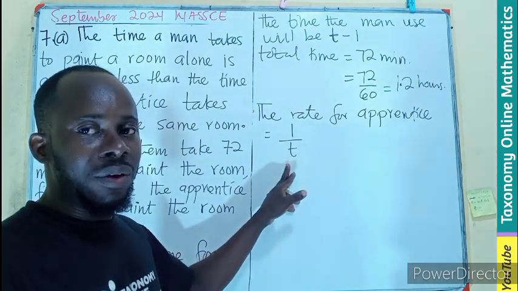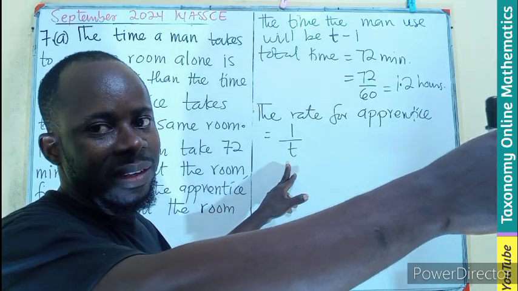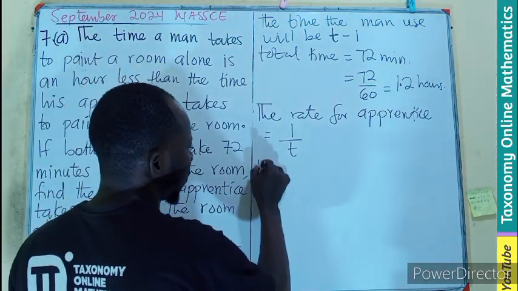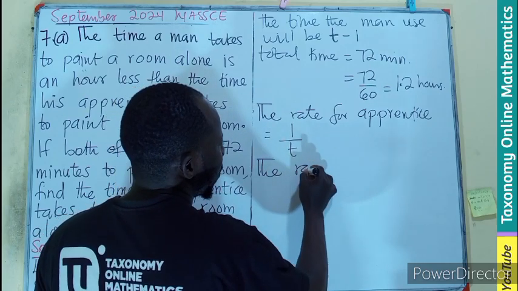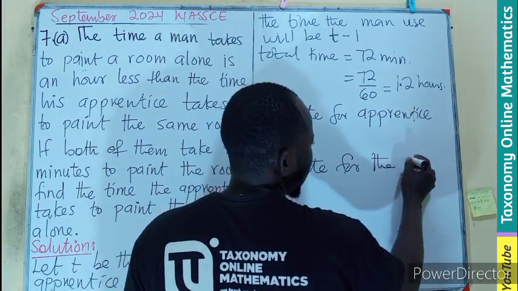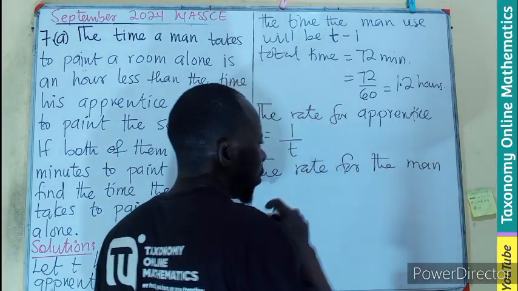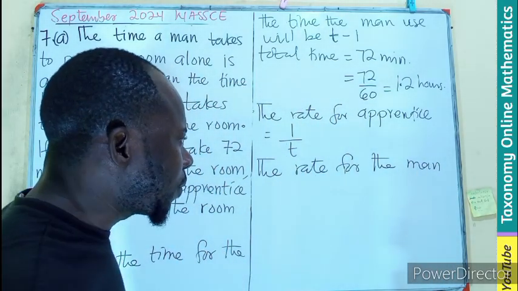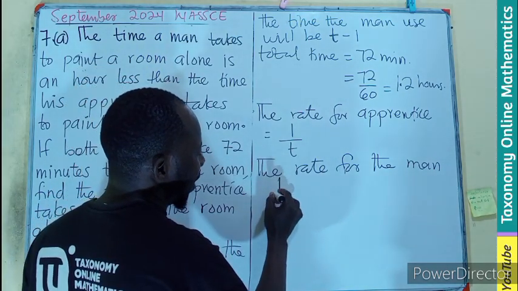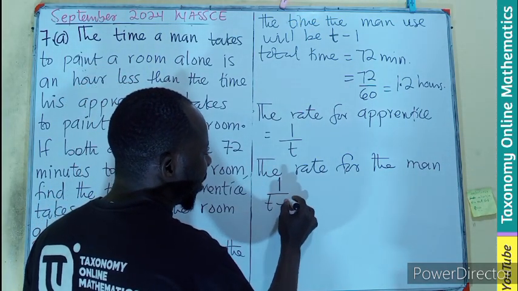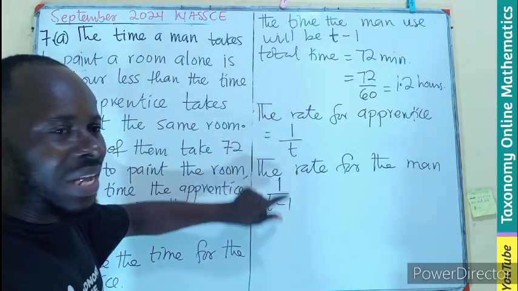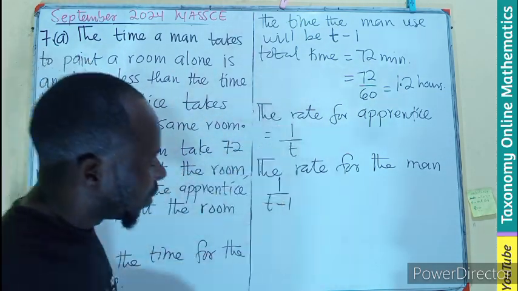So the time we are looking for will determine how fast this person is going to work. Then the rate for the man will also become 1 over T minus 1.